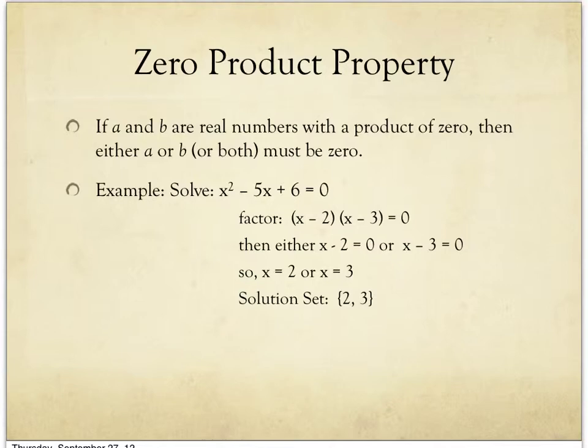So if we take x squared minus 5x plus 6, and we know that its equivalent expression is x minus 2 times x minus 3 equals 0, then I have that x minus 2 equals 0, or x minus 3 equals 0. And here I have expressed those equations. So solving those two equations yields that x must equal 2 or 3, and my solution set then contains two solutions for x, not just one.